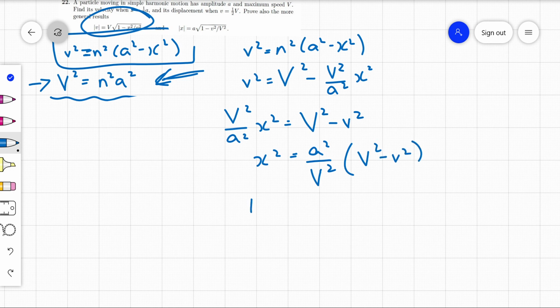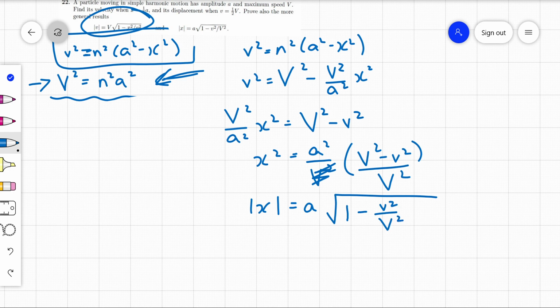We're square rooting and just taking the positive. Actually I'm going to put the big V squared inside, to get what they want, because they only want the a on the outside. So I've got a times the square root of, v squared on v squared is 1, minus little v squared on big V squared. All right, so that's what we wanted there.